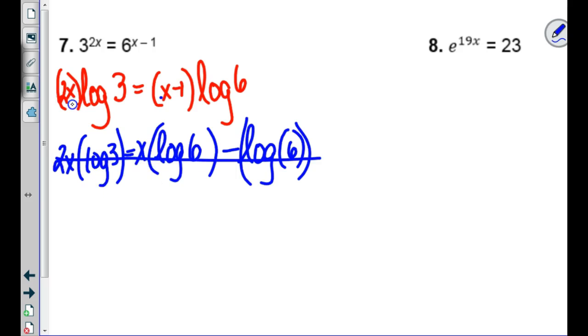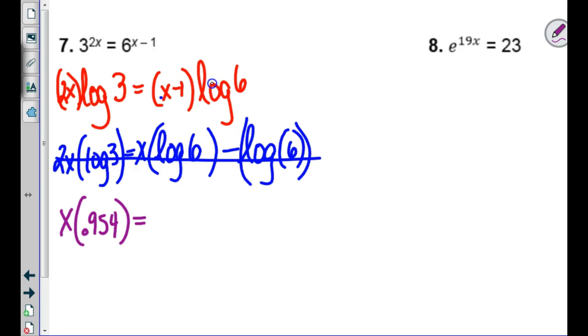Okay. Over here, could we multiply the 2 times the log of 3? It's all multiplied together, right? Times the x. Anybody awake out there? So do 2 times the log of 3 for me, because it's x times 2 times the log of 3, or the log of 9, which is 0.954, okay?